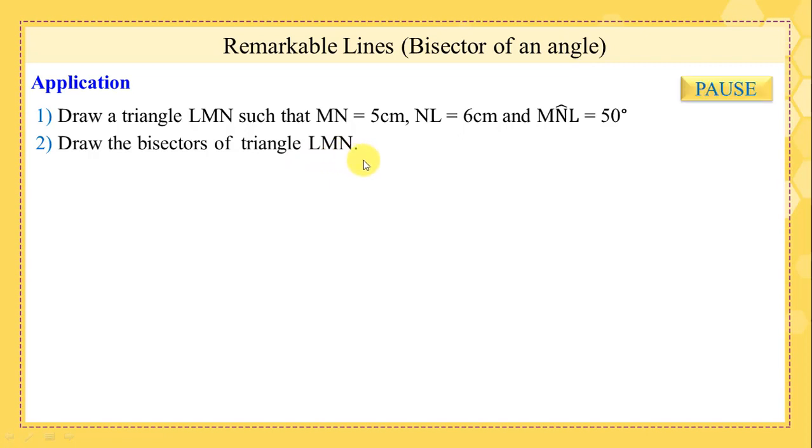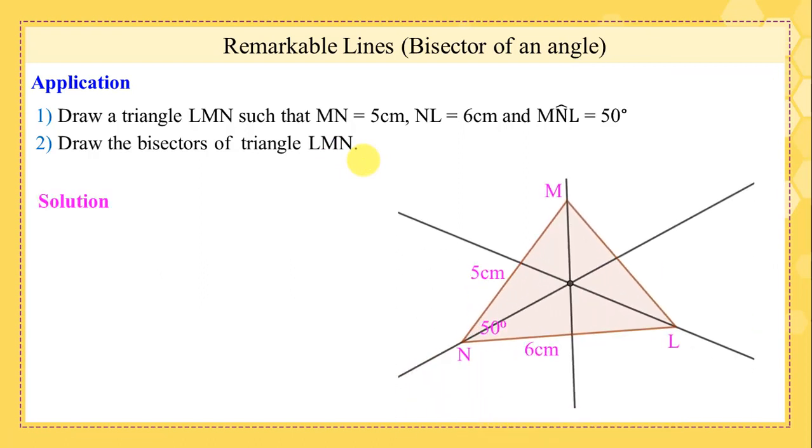Please pause the video and try to solve this application. Solution. Here we have the triangle LMN. Angle N is equal to 50 degrees, NL is equal to 6 cm, and MN is equal to 5 cm. Can you remember which method we use in order to draw this triangle?